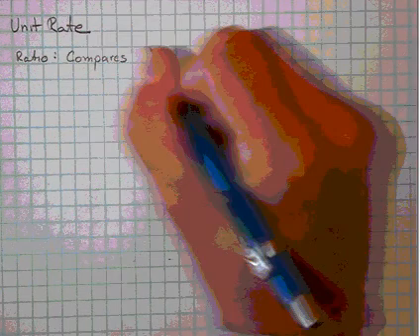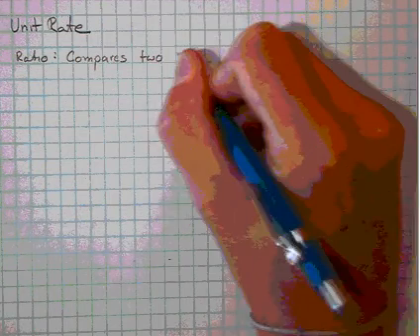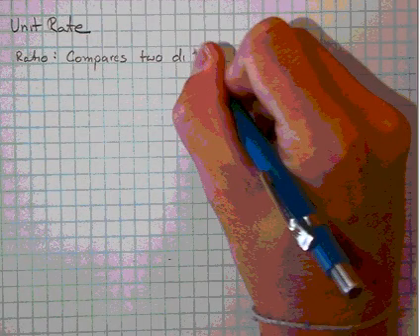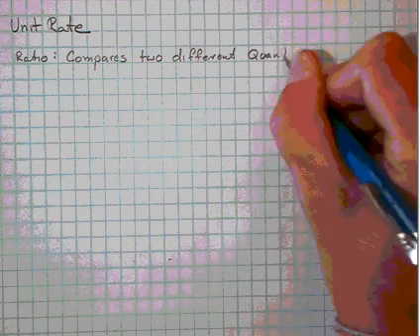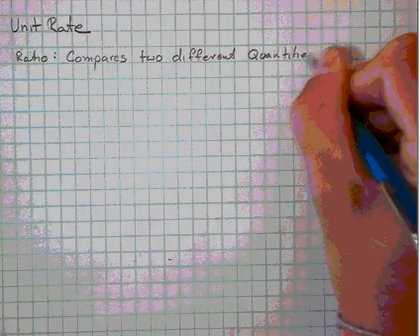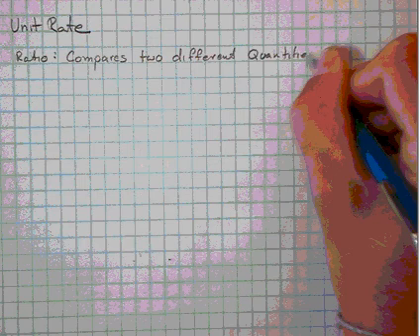A ratio compares two different quantities, or you could think of them as things. So it compares two different things like boys to girls, or students to desks, pens to pencils, teachers to students. So it compares two different things.